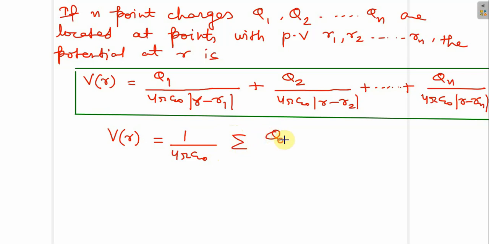So Q of k upon the magnitude of R minus R of k.